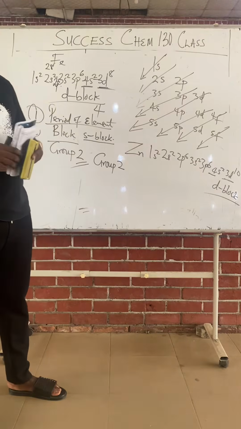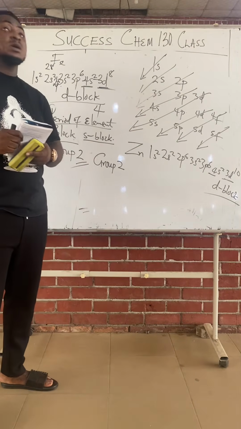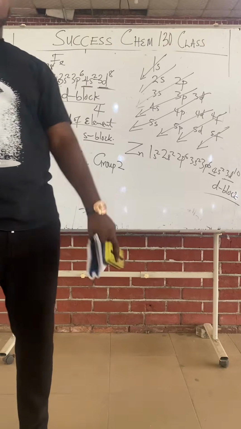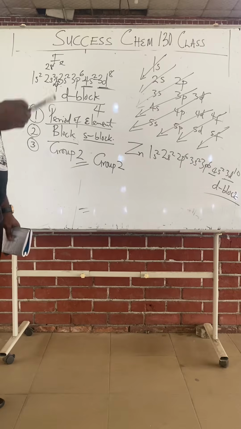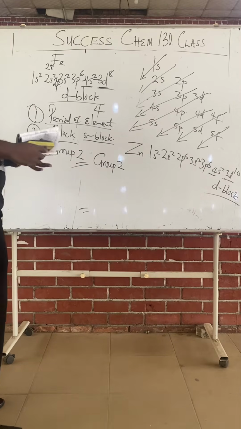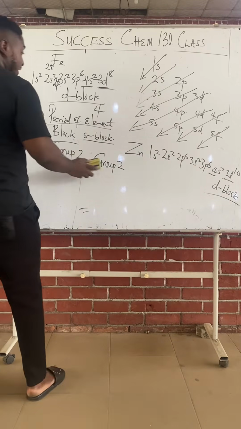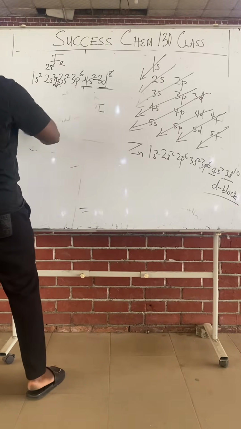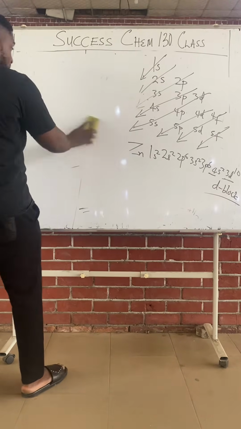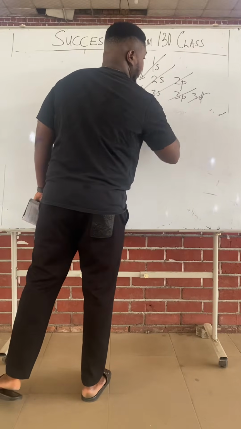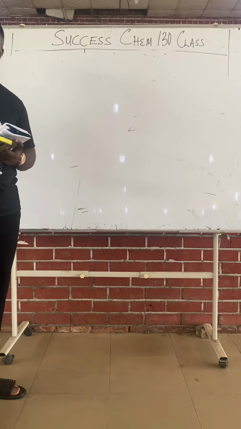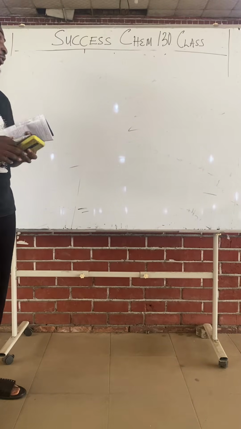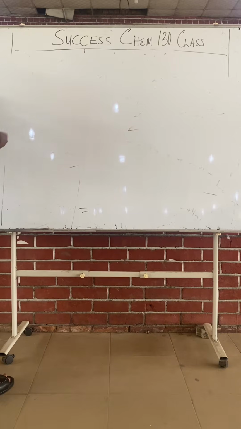Now, let's write down the periodic table. Let's look at the modern periodic table. The periodic table is an arrangement of elements in order of increasing atomic number.